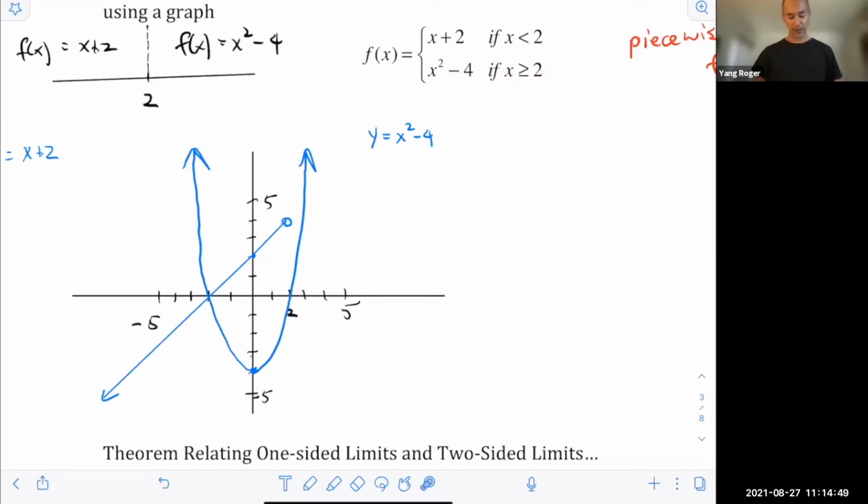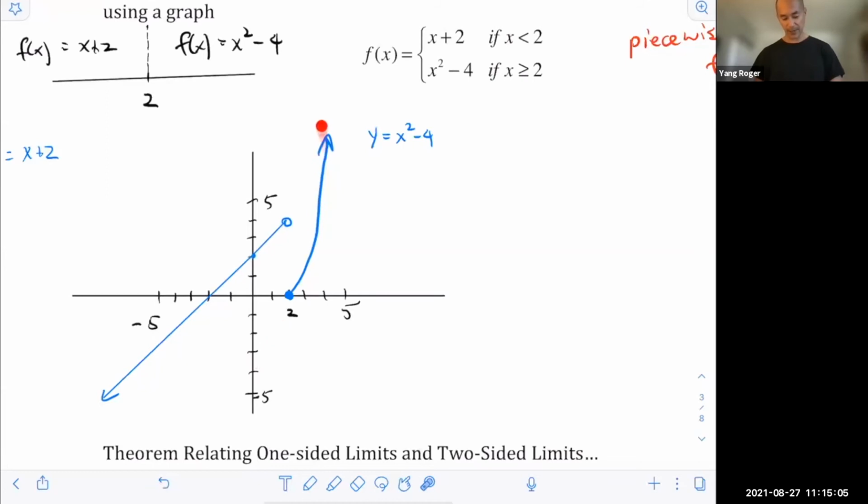So I'm going to erase the left side. I'm even going to erase the right side and erase the point. I'm just going to continue my graph starting at 2, and then it comes up like this. But you can pretend that it was coming up like this, and then we erased the parts that weren't inside the domain, x greater than or equal to 2.